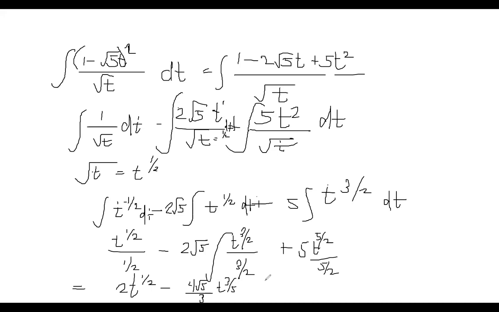Then we have plus 2 t to the power of 5/2. Then don't forget the plus c, or the constant of integration. So that's our answer if we have this kind of function. Right.